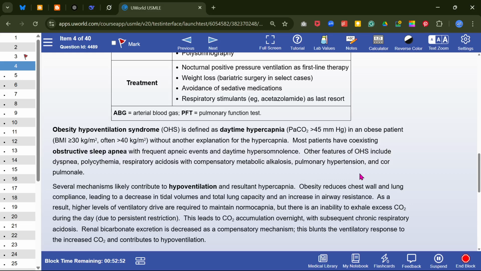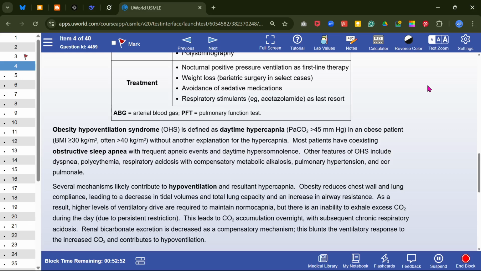Several mechanisms likely contribute to hypoventilation and resulting hypercapnia. Obesity reduces chest wall and lung compliance, leading to a decrease in tidal volume and total lung capacity, and an increase in airway resistance.